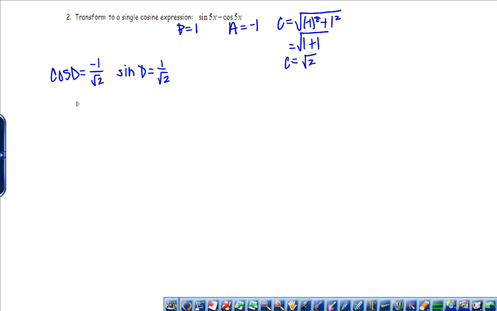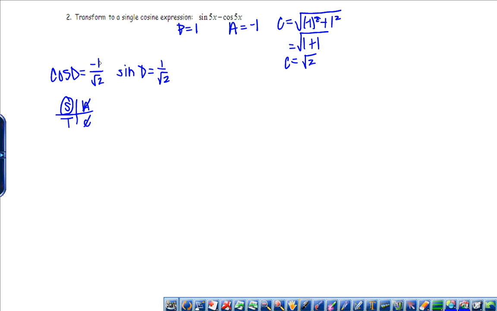Okay, if it helps you out on this one, I'm going to fill in all students take calculus, because I've got some negatives here. So cosine is going to be negative, so that rules out this one and this one. But sine has to be positive. So it looks like I'm going to be in this quadrant right here in order for both of these to be true.